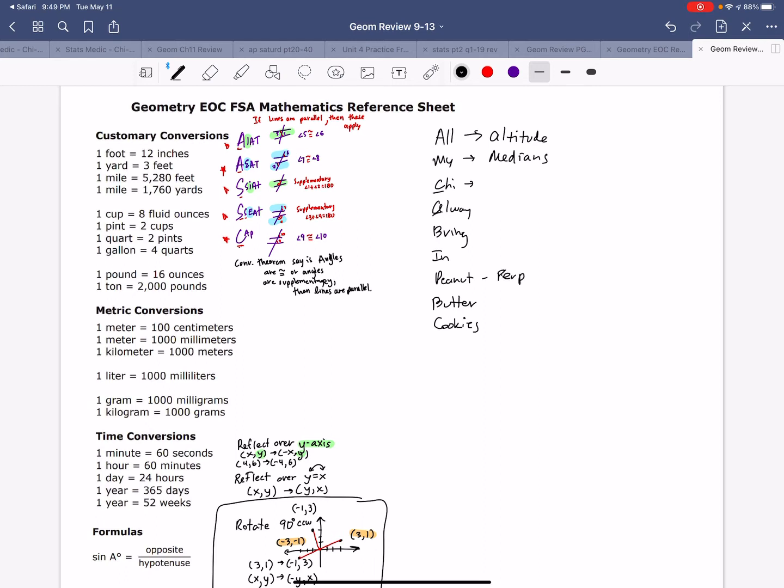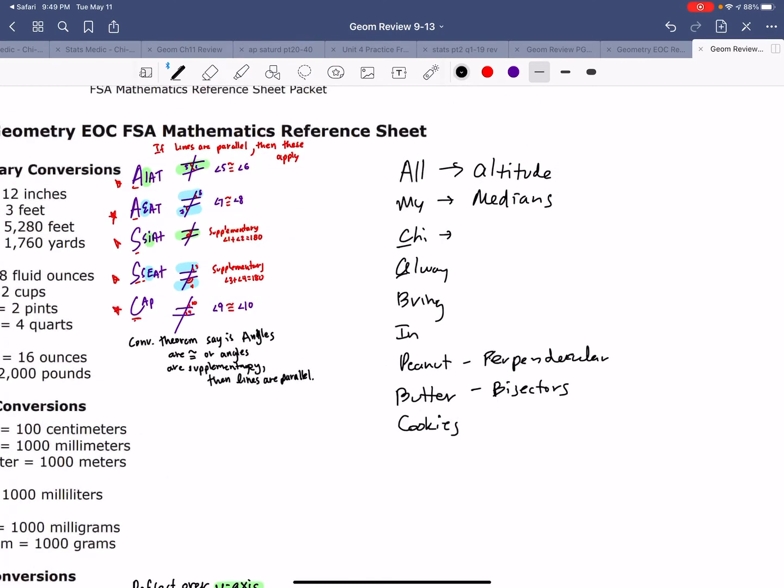Perpendicular bisectors make centroids. This is incenters. This has to be angle bisectors, right? So we have centroids, incenters, medians.